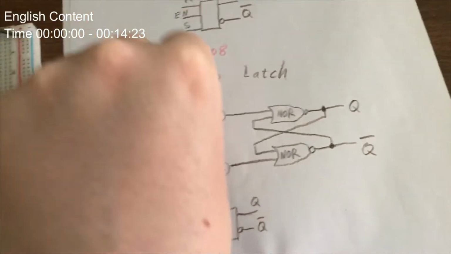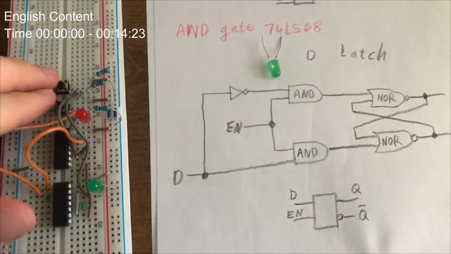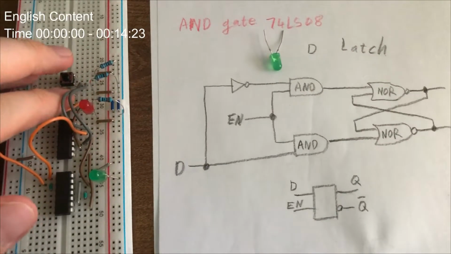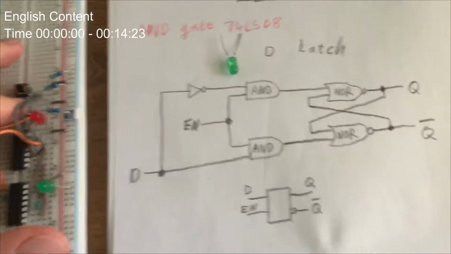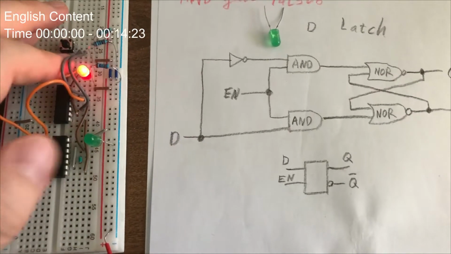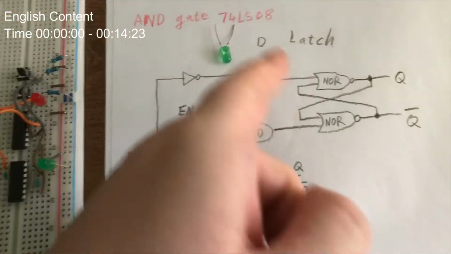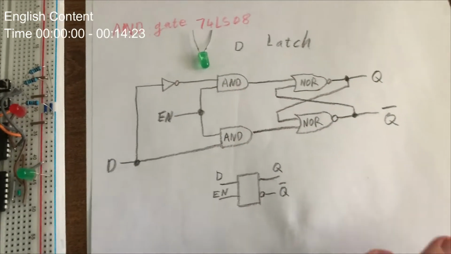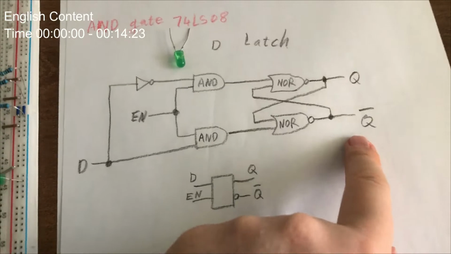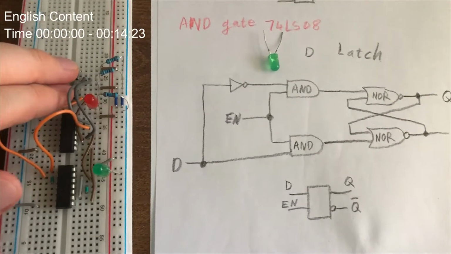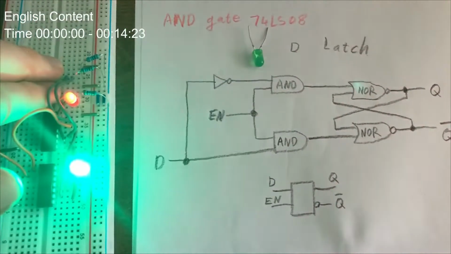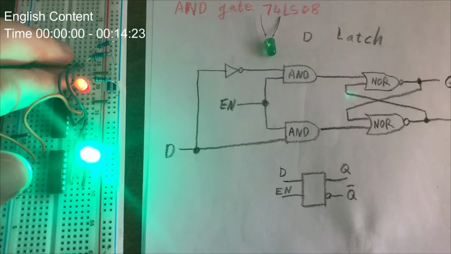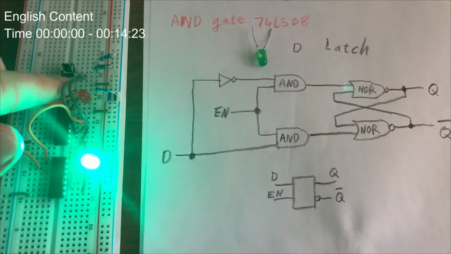Now, put it up, and now it doesn't have the signal here because we put up the LED that stands for the NOT Q signal. Now when we put the enable signal, we can see we store a 1.